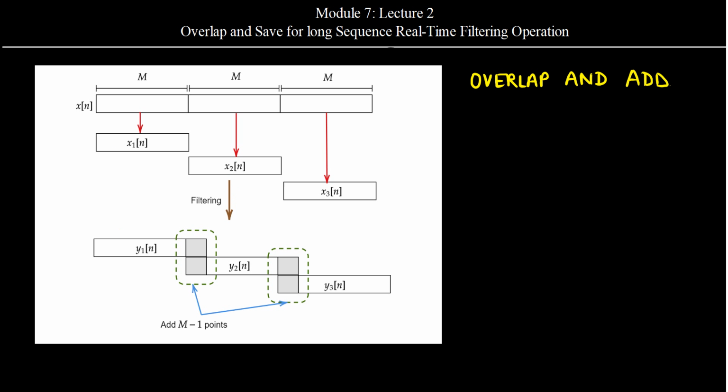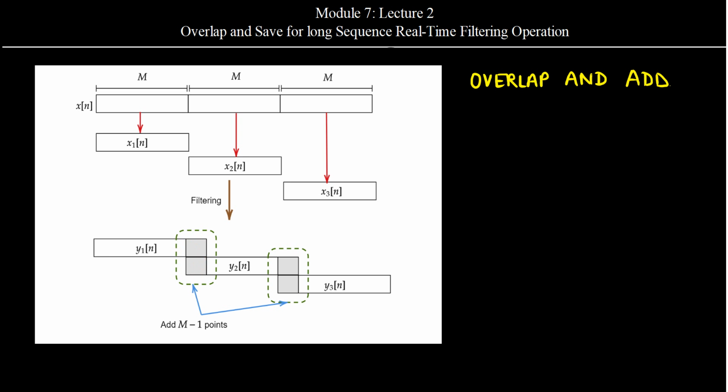To combine these output blocks, we consider the last m-1 points of the previous block and the first m-1 points of the current block and simply add them to get the final output. We had also seen another method, known as the overlap and save method, to perform the same operation.